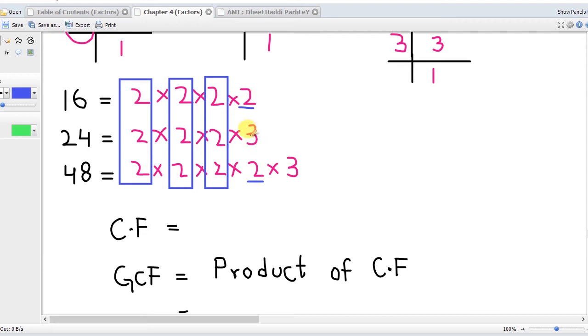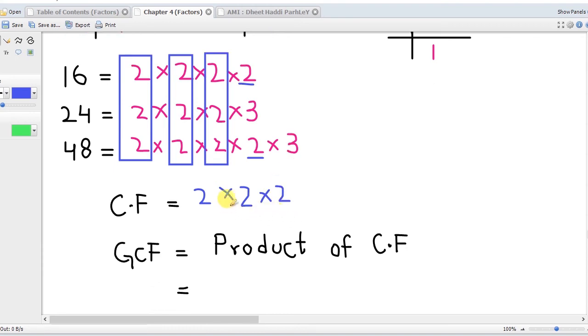We are also not including this number 3 because it is not present in all three numbers 16, 24 and 48. Okay, so the common factors we are getting here are 2 times 2 times 2.